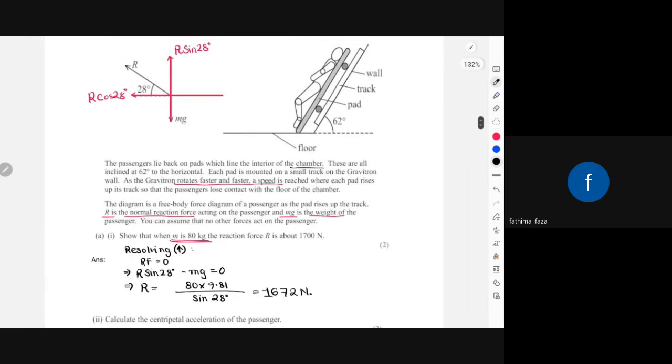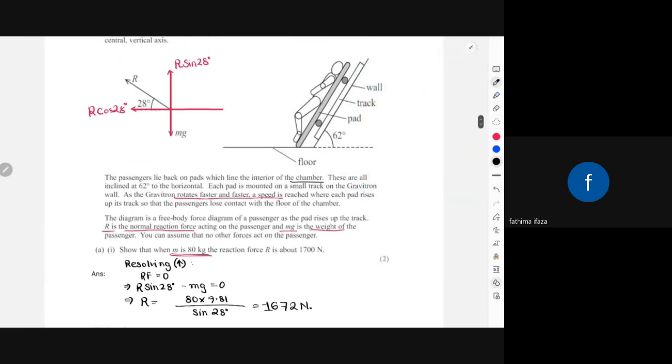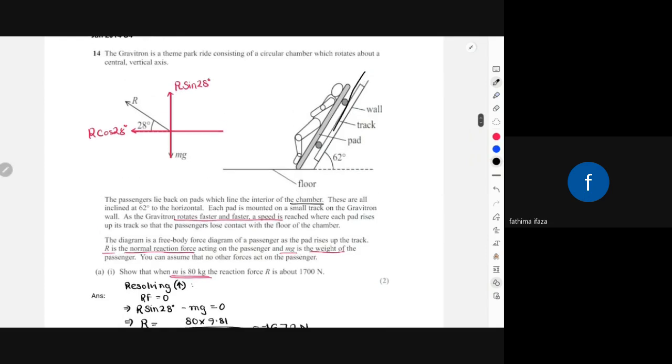I'll explain this again. In the previous diagram, I was indicating the planes differently, right? In your diagram, as you can see, they have given you 28 degrees, which represents that the reaction force was not acting according to any of the planes. The reaction force was maybe in between any two planes, right? But I was considering in my diagram that the reaction force is acting perpendicular to the plane.